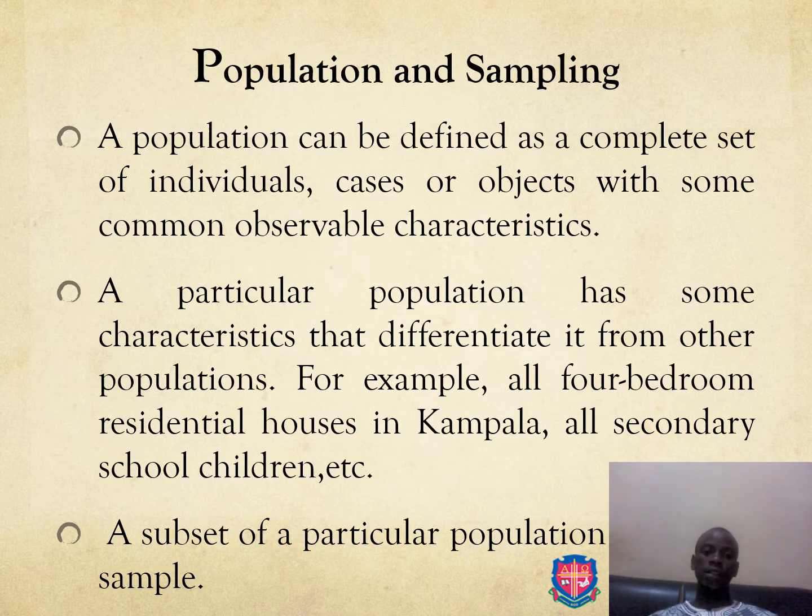Here we're saying a particular population has some characteristics that differentiate it from other populations. For example, all four-bedroom residential houses in Kampala, or secondary school children, etc. All those secondary school children have something in common, and what they have in common is different from what the four-bedroom residential houses have in common.